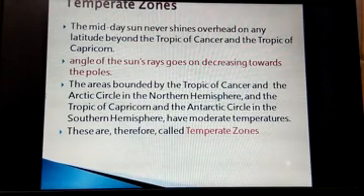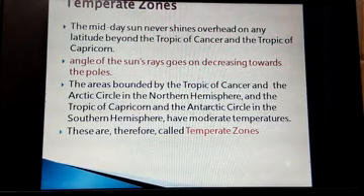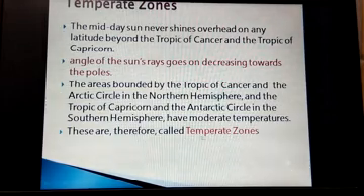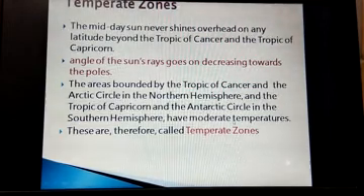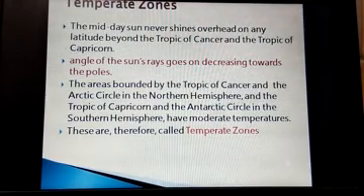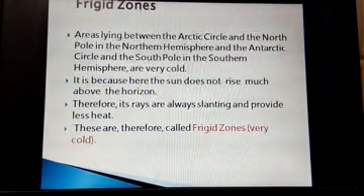The area is bounded by the Tropic of Cancer to the Arctic Circle in the northern hemisphere and the Tropic of Capricorn to the Antarctic Circle in the southern hemisphere, having moderate temperature. That's why it is known as temperate zone: moderate temperature means temperate zone.